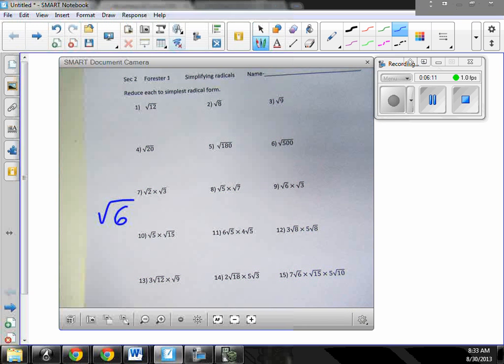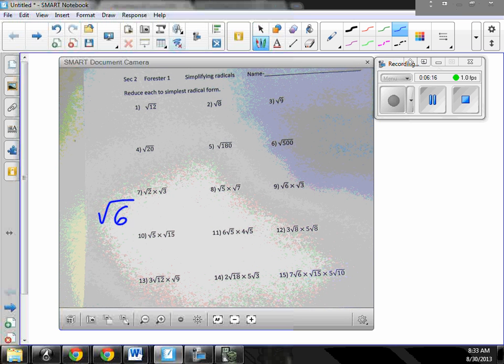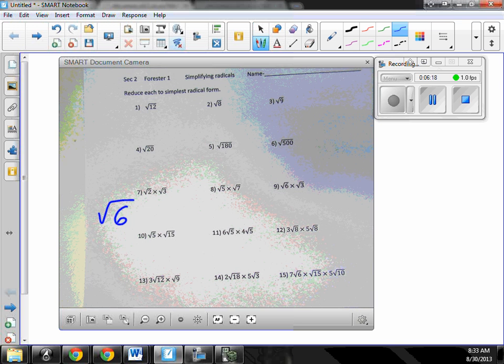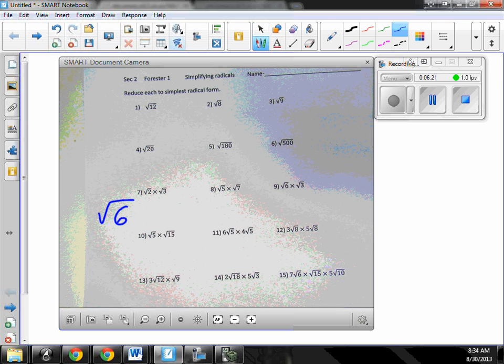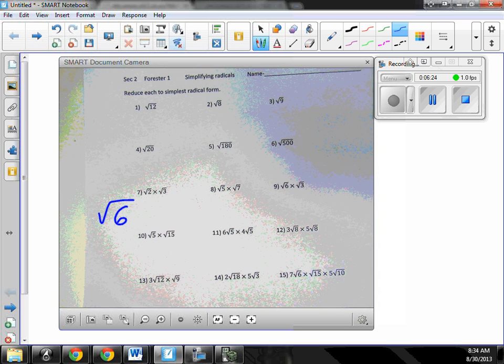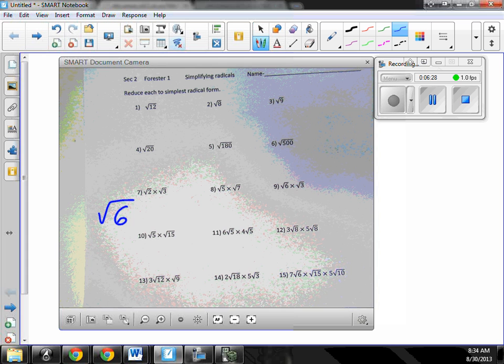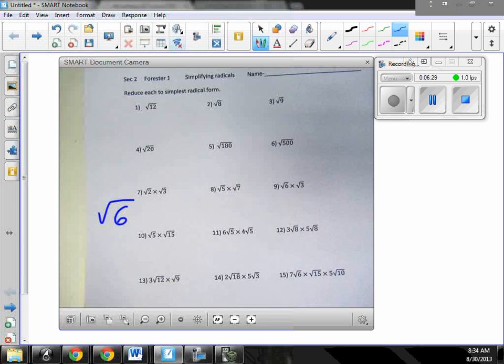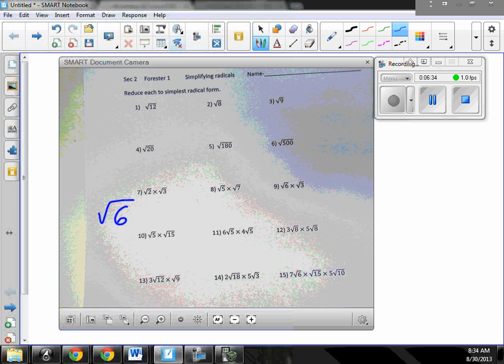Well, some will be able to be simplified and you can still multiply them. Okay, I'm not being very good in asking my question. Is it possible that two radicals cannot multiply together? Everything on this page can, because they're all square roots.